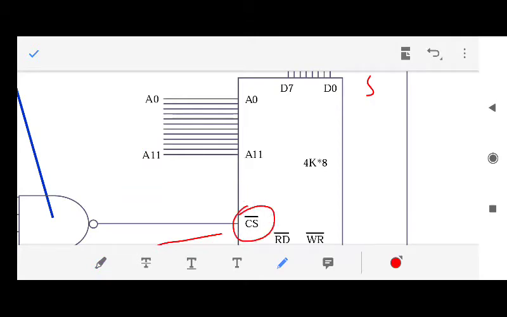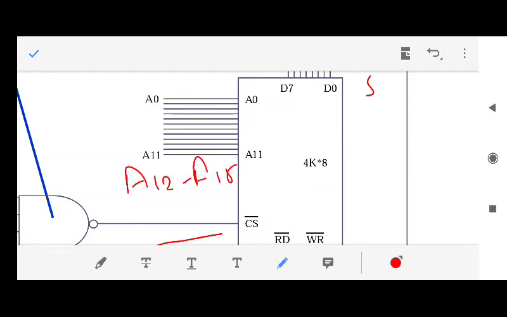You can see chip select. Sometimes it is also known as chip enable, and both are active low. Low active means whenever a zero signal comes here, only then it will become active. Fine. So how many address lines were remaining? A12 to A15, 4 address lines were remaining.